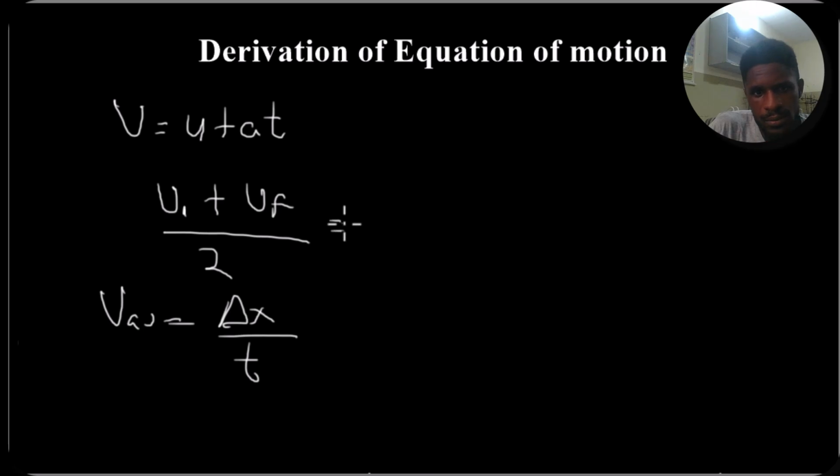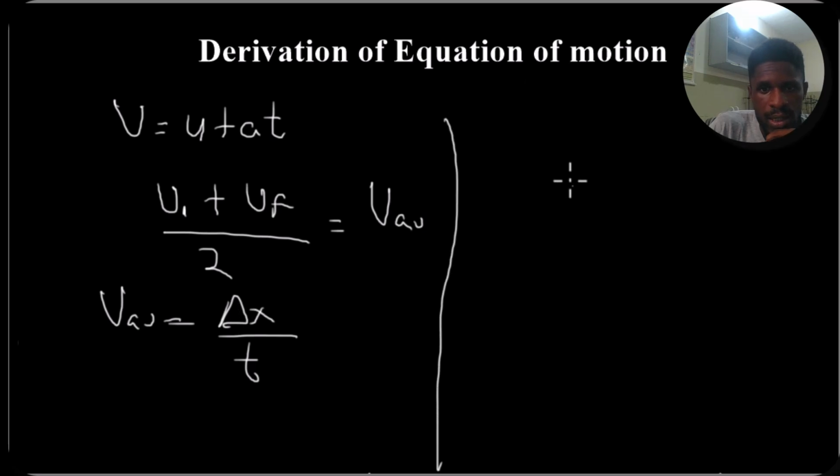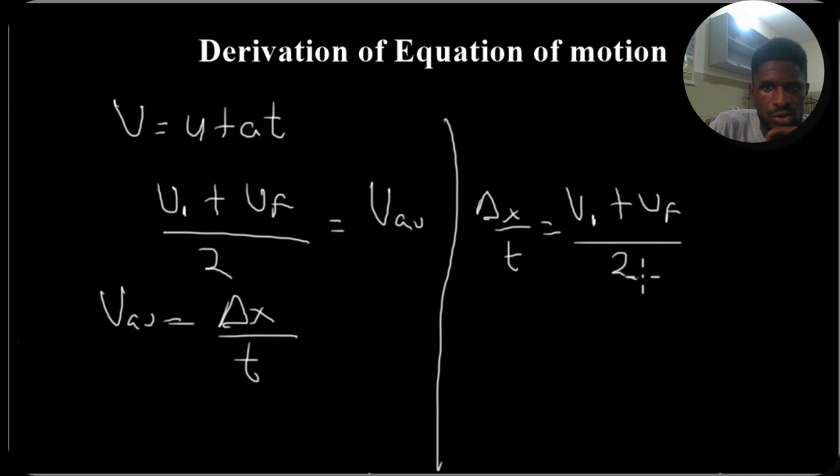Now, of course, since we're dealing with constant acceleration, we can also add the velocities together and divide by the total number of velocities that we have. Remember, this is average, so we're always concerned with 2 points. So I can say v average equal to v initial plus vf all over 2, and v average also equal to delta x over t. So I can equate these two together, and then I would have delta x over t must be equal to v initial plus v final all over 2.